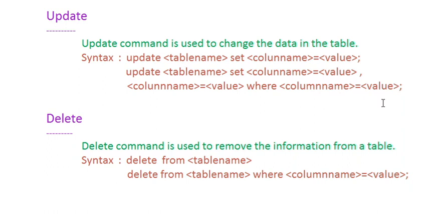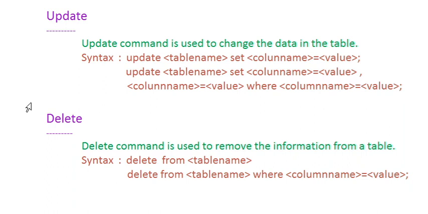That is the condition. We are not going to change all the employee addresses. We are going to change one employee address whose employee ID equals 1. Like that you can modify the values of the table by using the update command.